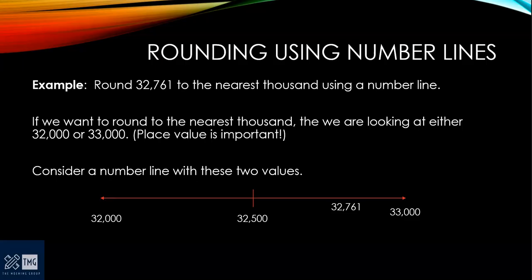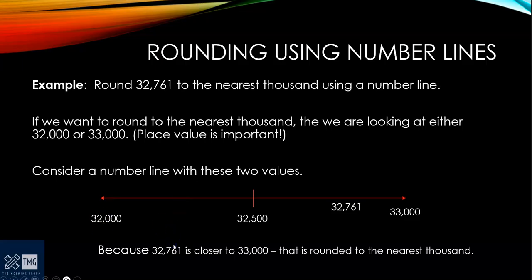If you think about this with the visual representation, it is clear to see that 32,761 is closer to 33,000. Therefore, because it's closer to 33,000, that is how we would round to the nearest thousand. This is not any faster, it's not any better, but it gives you a visual representation.